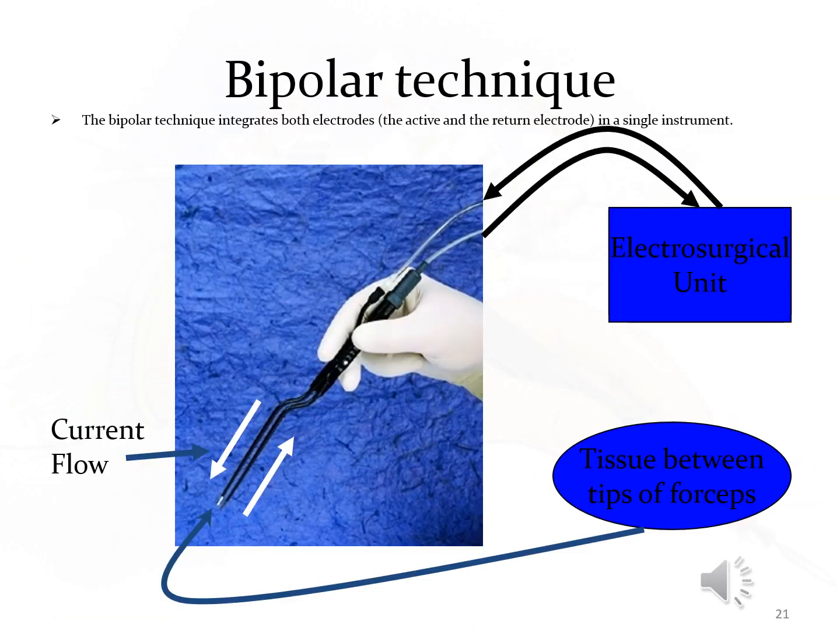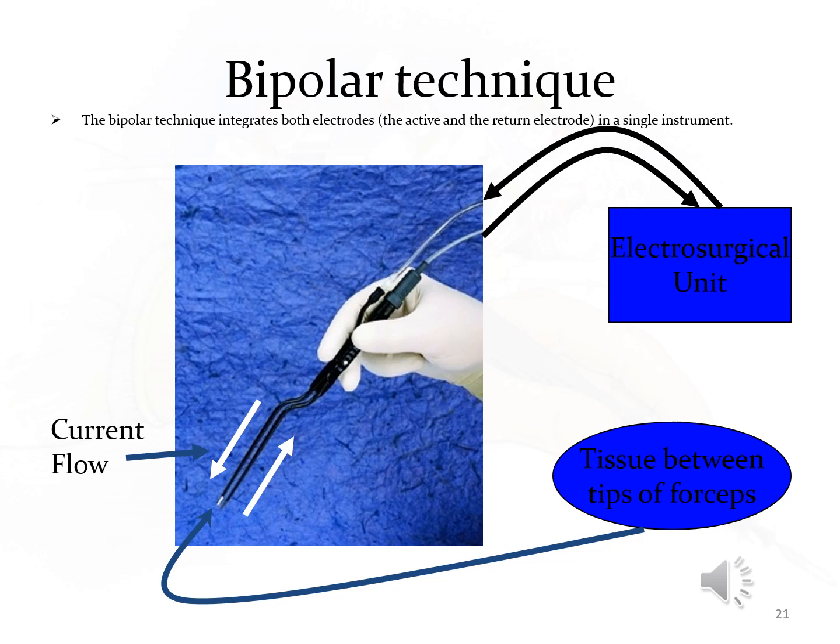The bipolar technique integrates both electrodes, the active and the return electrode, in a single instrument. This means that the flow of electricity is confined to only the space between the two surfaces of the instrument. No remote dispersive electrode is needed. The current only flows through a very limited area of tissue between the two electrodes.